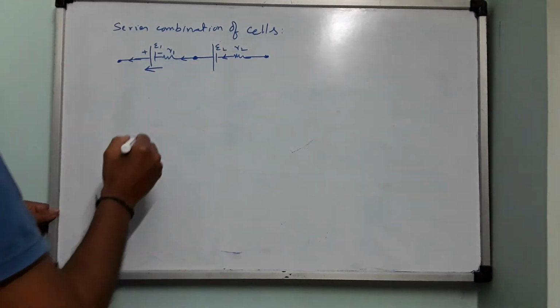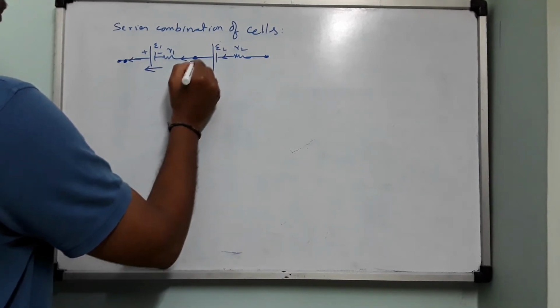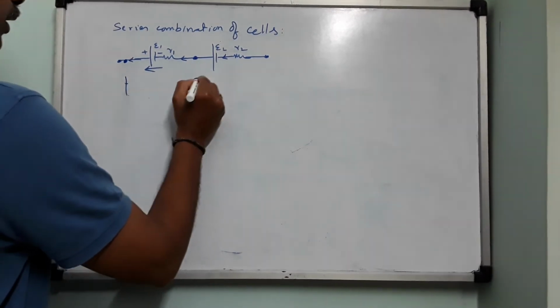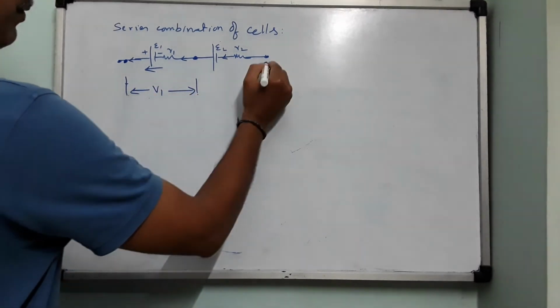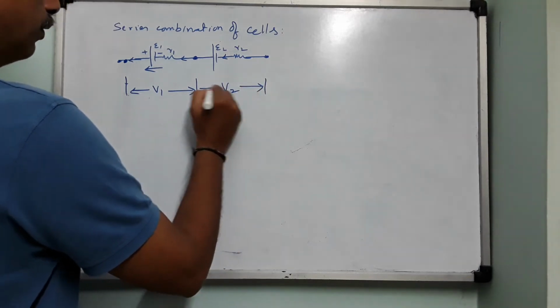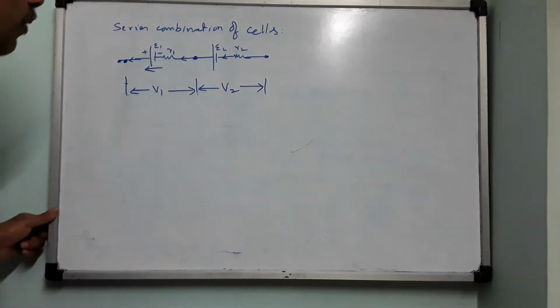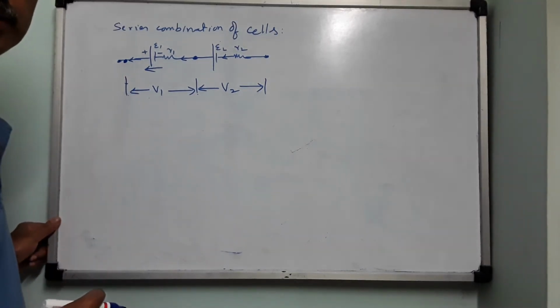same current, but between these two points there is a terminal potential difference V1, and between these two points there is a terminal potential difference V2. So it's the same concept as resistors and capacitors.